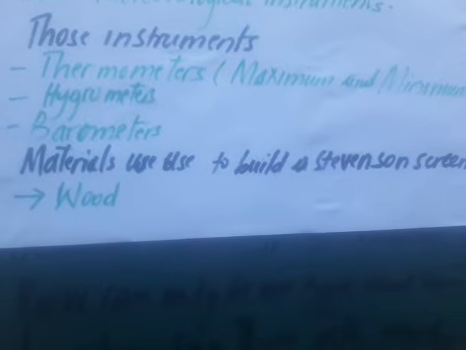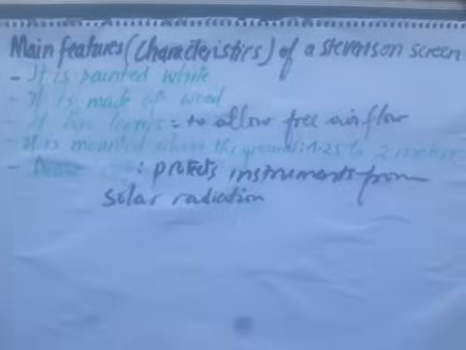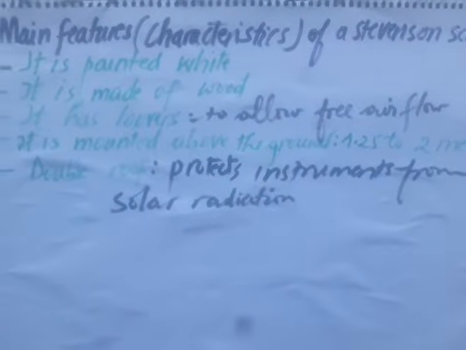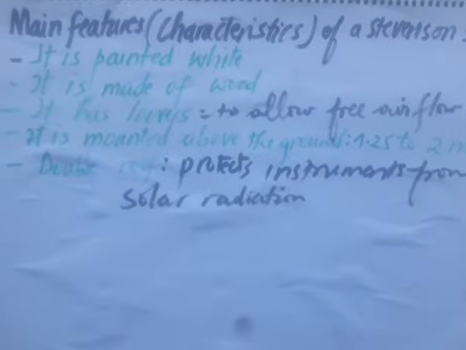Let's look at the main features of the Stevenson screen. It is painted white in order to reflect the sunlight. It is made of wood because wood is not a good conductor of heat.